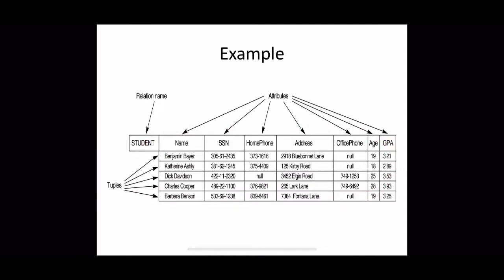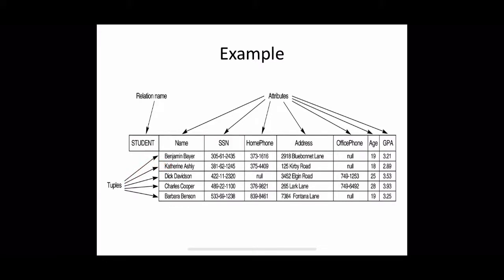You can see that the attributes of that entity type will be the column names for the relation, and each row of this table or relation represents the information pertaining to a particular student, and these rows are called tuples.